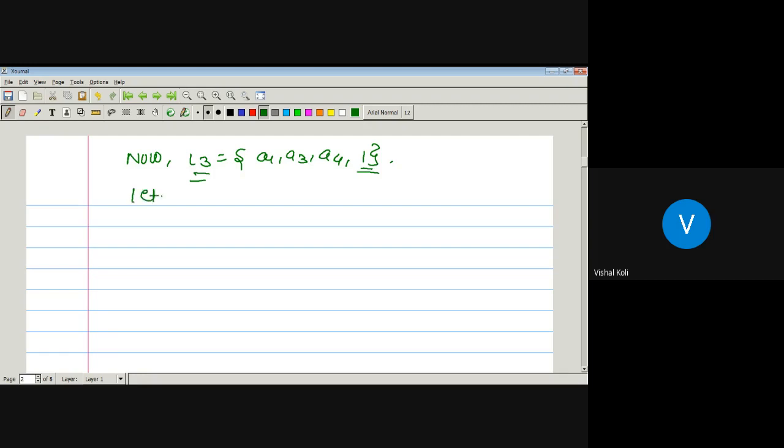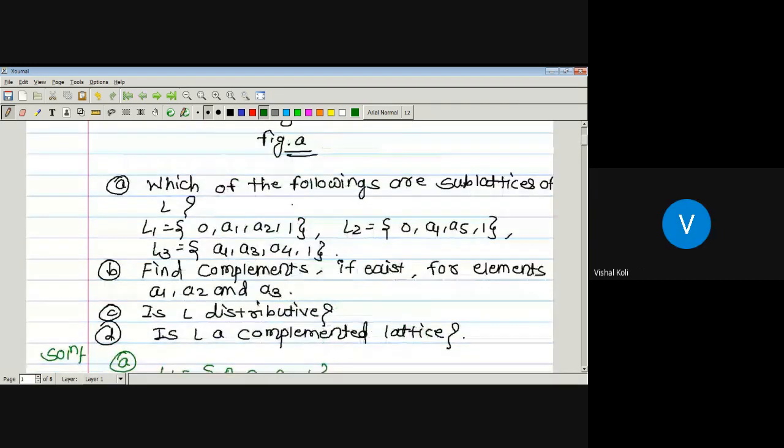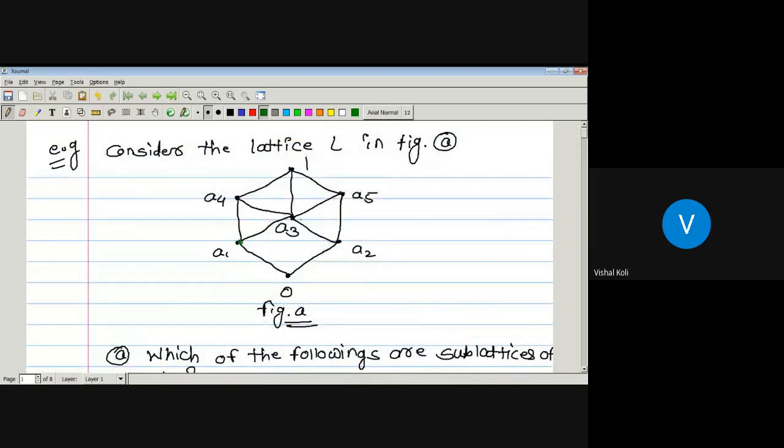Okay, so let us see, what is A1 join A3? From the diagram, what is A1 join A3? 1, which is 1. Okay, and the meet of A1 and A3? Here is A1, here is A3.